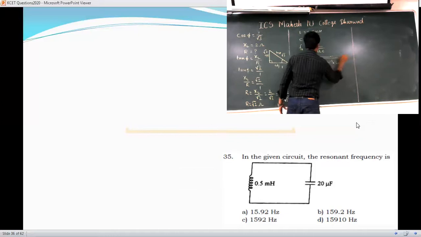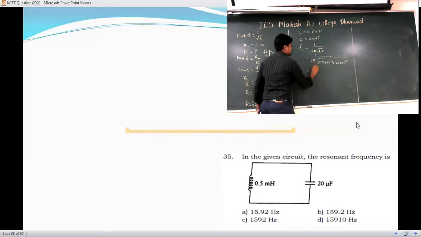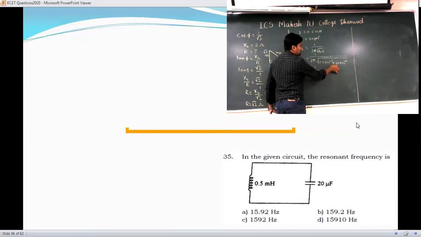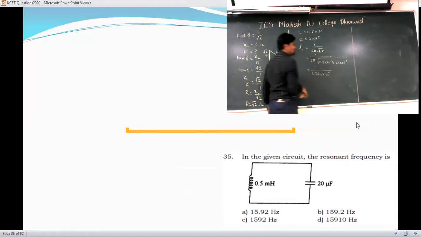Now 2 pi is 6.284, and here 0.5 into 20, you will get 10. So already 10 raised to minus 9 is there. So the root of 10 raised to minus 8, if you bring it outside, it will be 10 raised to 4.